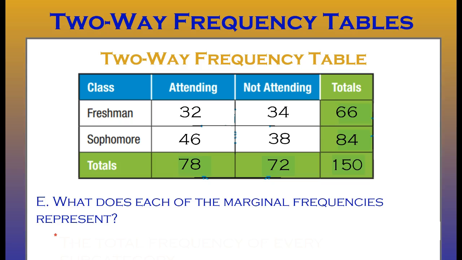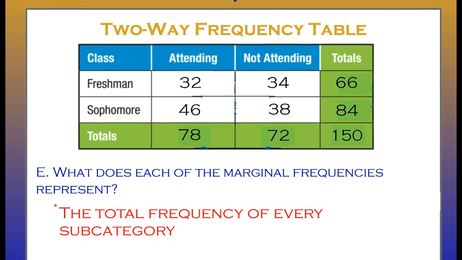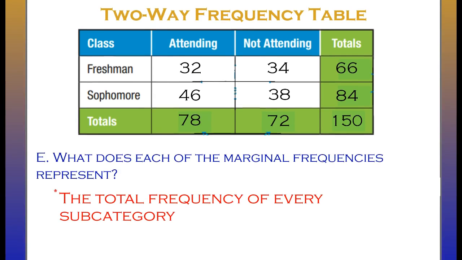E says, what does each of the marginal frequencies represent? In the margin is the total frequency of every subcategory: attending, not attending, freshmen, sophomores, total.